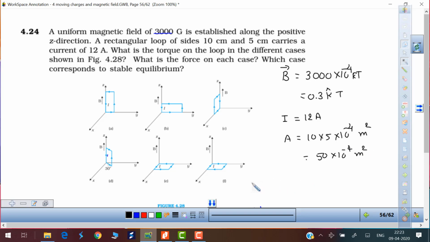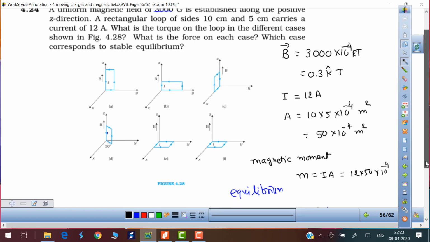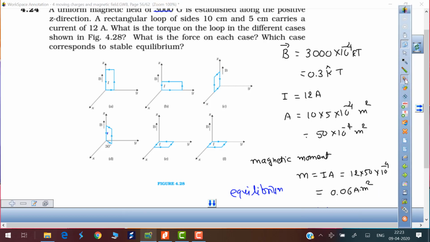So magnetic moment M is equal to IA. So 12 into 50 into 10 raised to minus 4, that comes out to be 0.06 ampere meter square. So these are the physical quantities given.